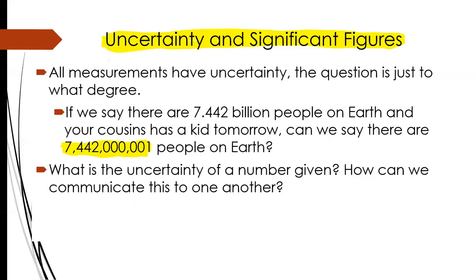Does that make sense that because we know 1 more person is born, that we should then report out that value to add in that 1 more person? So when we think about that, when we were measuring the amount of people, there's some amount of uncertainty in there. Do we really know that there was all the way down to the single people, how many people there were? Or does that value change? Is there some uncertainty in there?